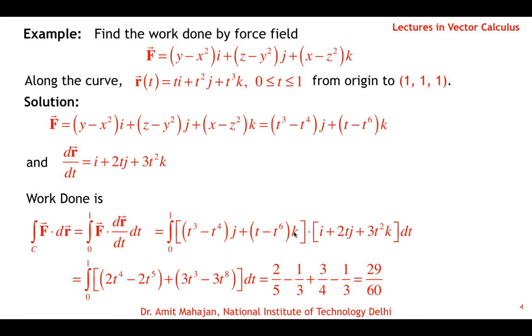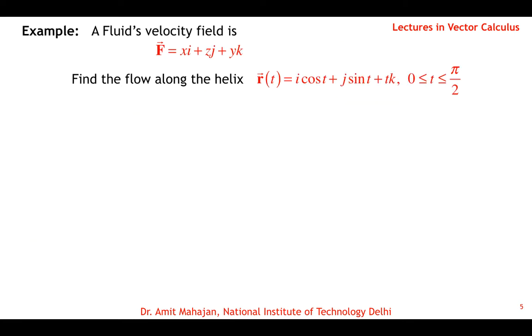So we take another example. Say a fluid velocity field is given now, and we have to find the flow along the helix, that means along this curve C, where t varies from 0 to pi/2. Again, you can clearly see that r(t) is the position vector along this curve. So x is cos t, y is sin t, and z is t.